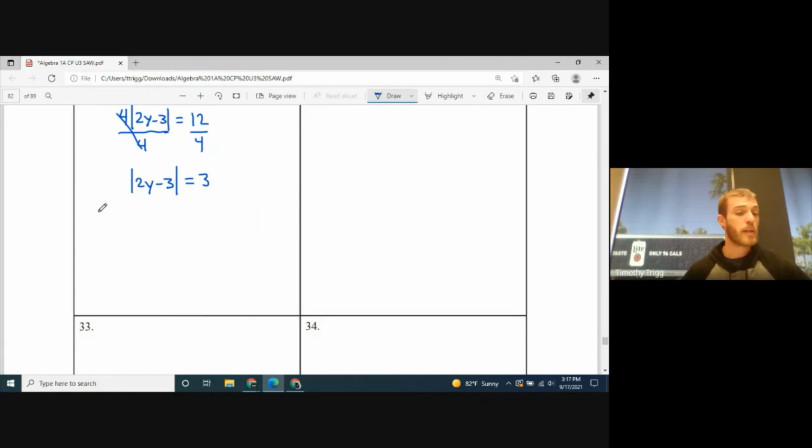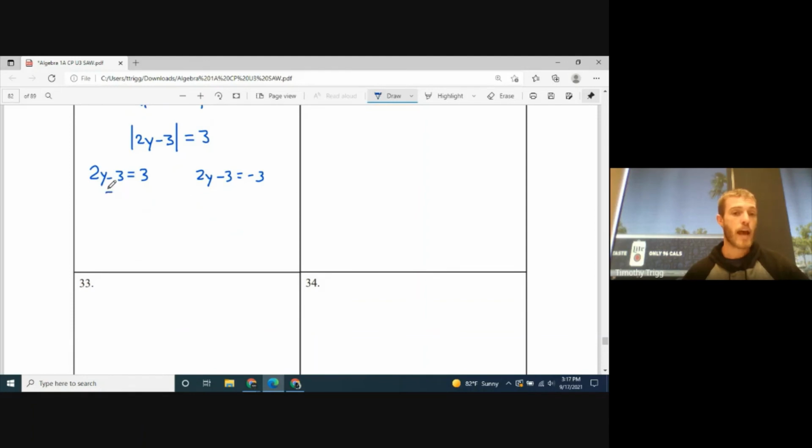Then we would split it into 2 equations. 2y minus 3 equals 3. Then 2y minus 3 equals negative 3. And we're going to solve each of these separately. So let's go ahead and add 3 both sides for this equation, giving us that 2y equals 6.